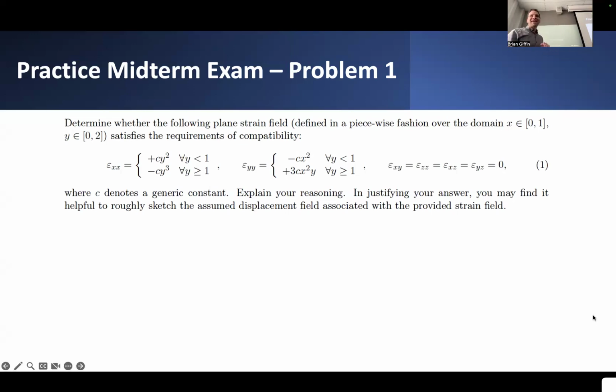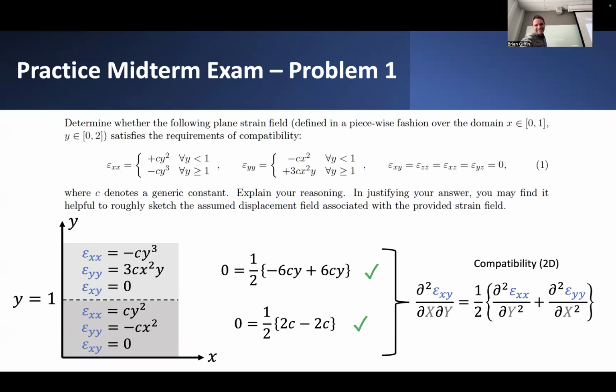Who remembers the compatibility equation? Let's see. It involves epsilon xx, epsilon yy, and epsilon xy. Hopefully this is going to. Well, we might actually have it here, don't we? Yeah, there we go.